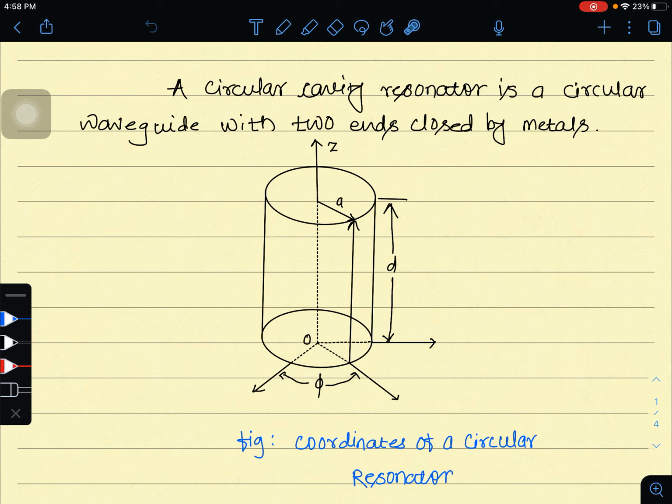Why is it necessary? Because the two end walls are closed.